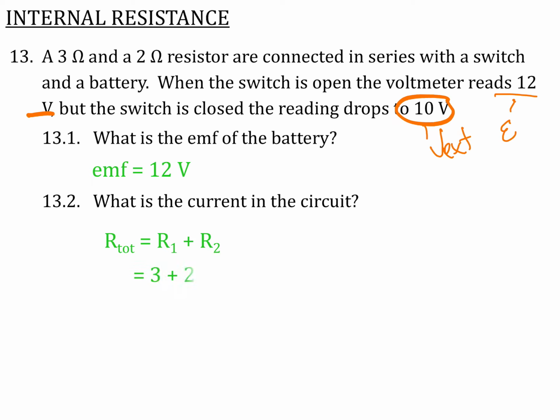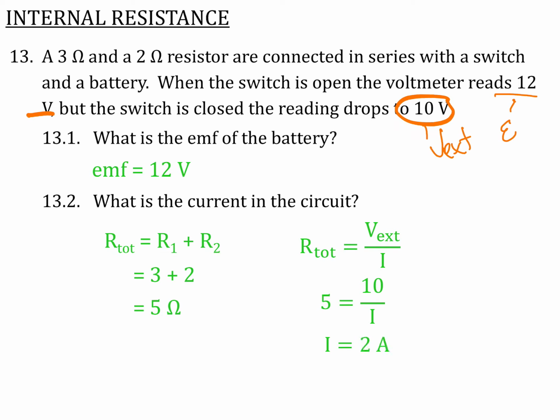Because they're in series. So it's 5 ohms. R total would be the external, not EMF, because in order to use EMF, I must be using internal resistance, which I don't have. So it's going to be 5, which equals 10 over I.